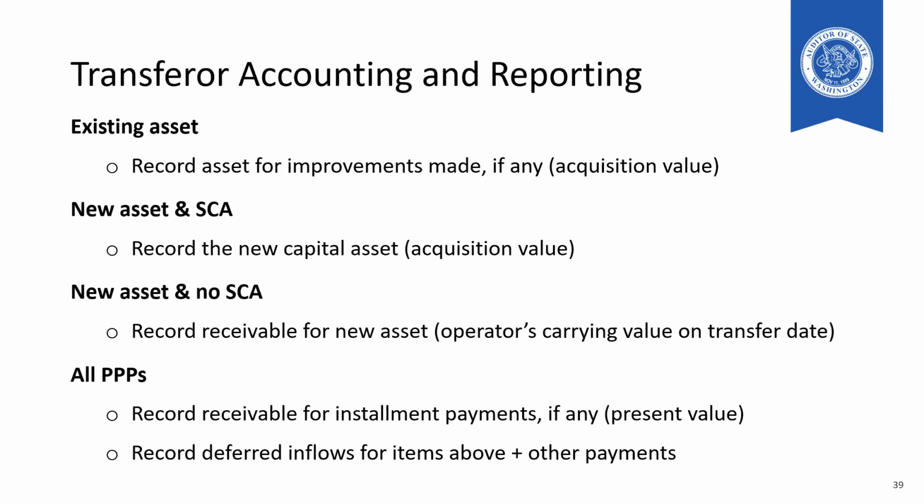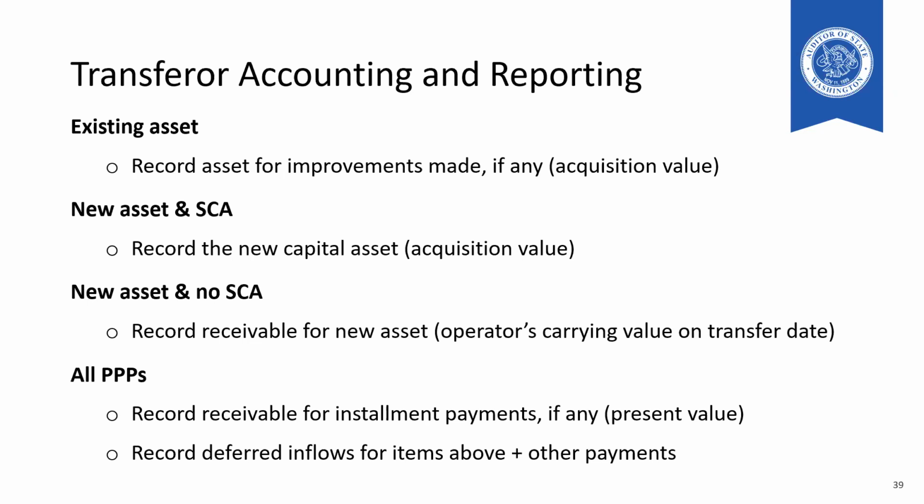And that receivable will be measured at the operator's estimated carrying value of the asset on the expected transfer date. Basically, what that means is the transferor is going to estimate the operator's carrying value on the transfer date and record that as a receivable.